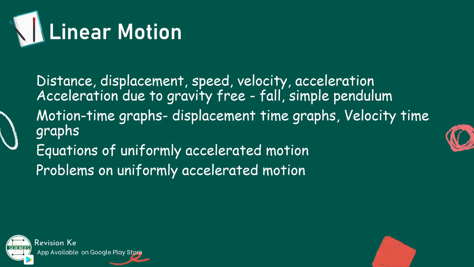You should be able to describe experiments to determine velocity and acceleration, determine acceleration due to gravity, plot and explain motion time graphs, apply the equations of uniformly accelerated motion, and solve numerical problems on uniformly accelerated motion. So these will be our objectives of this class.